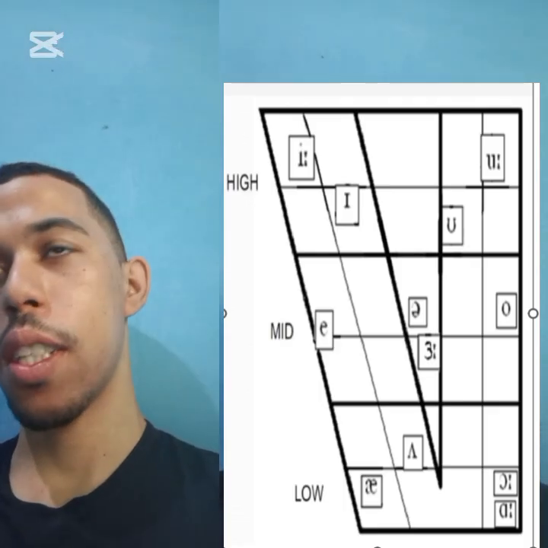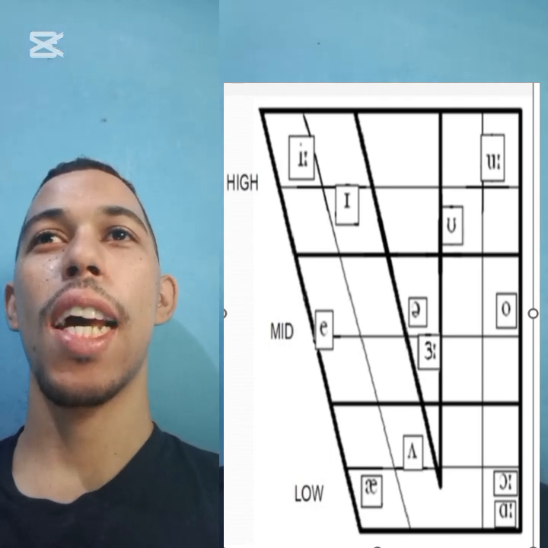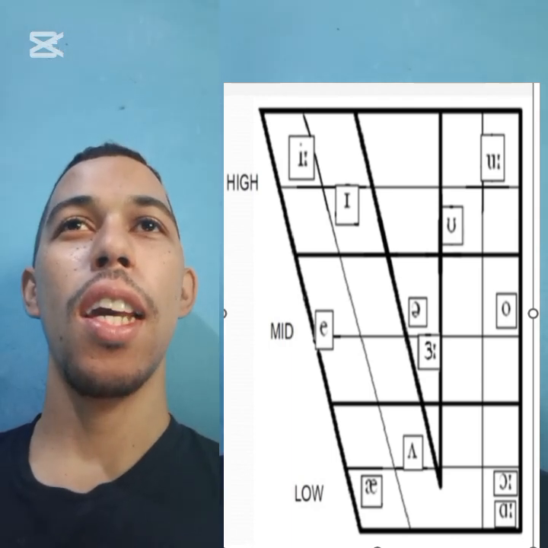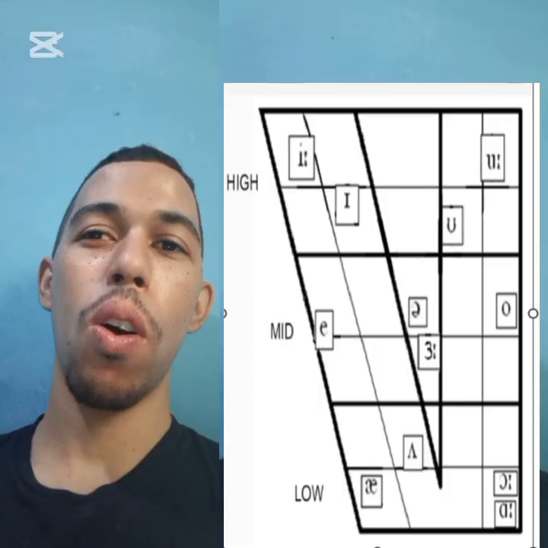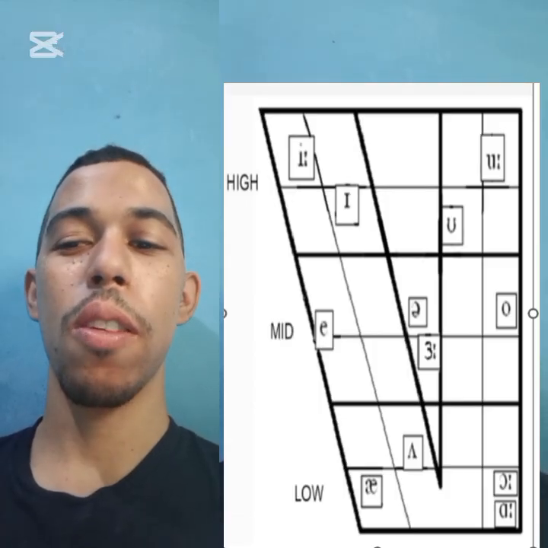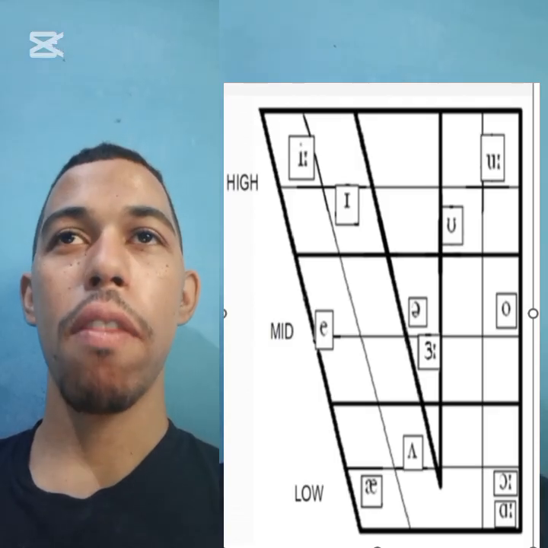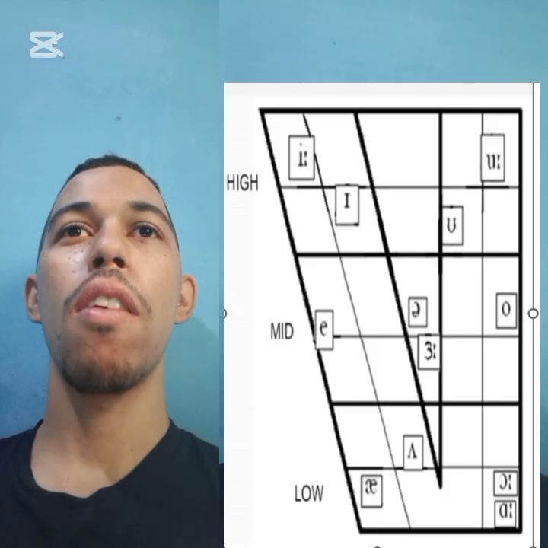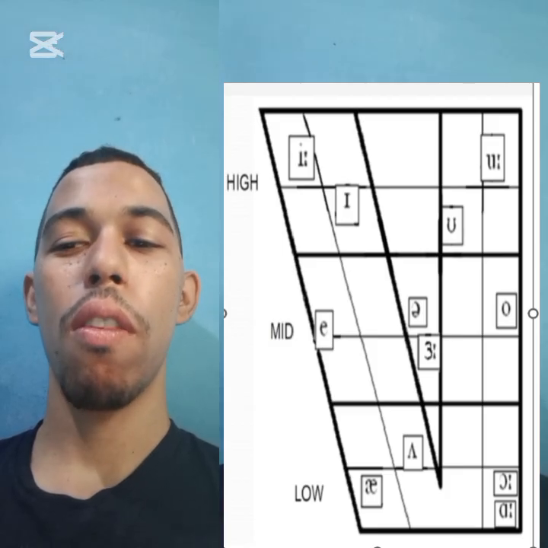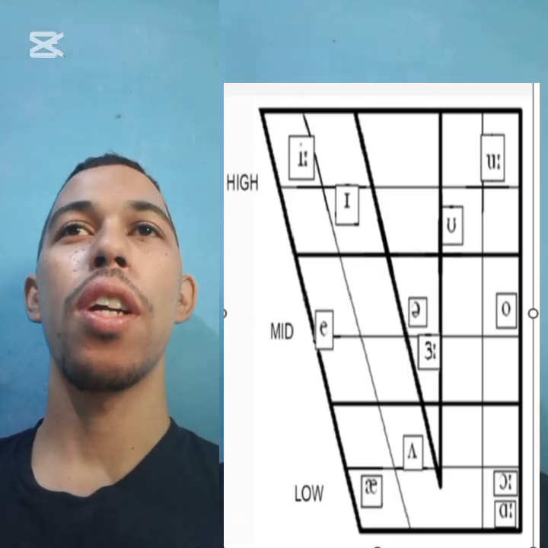For example, if I say "fall" or "fall", one sounds a little bit like an "ah", and the other sounds a little bit like an "oh", but they are similar sounds. Notice the difference between these "fall" pronunciations, or "father".